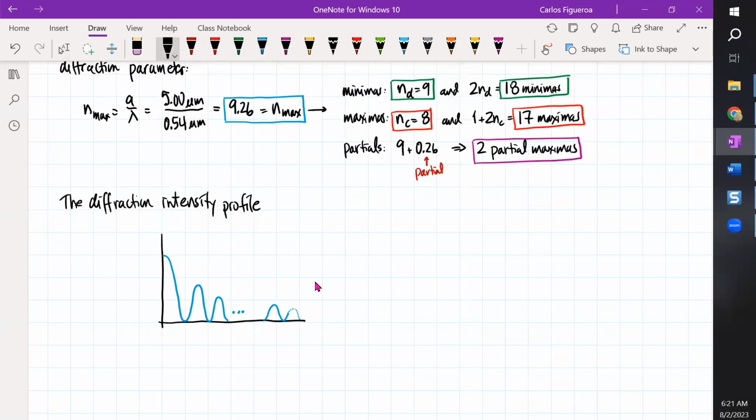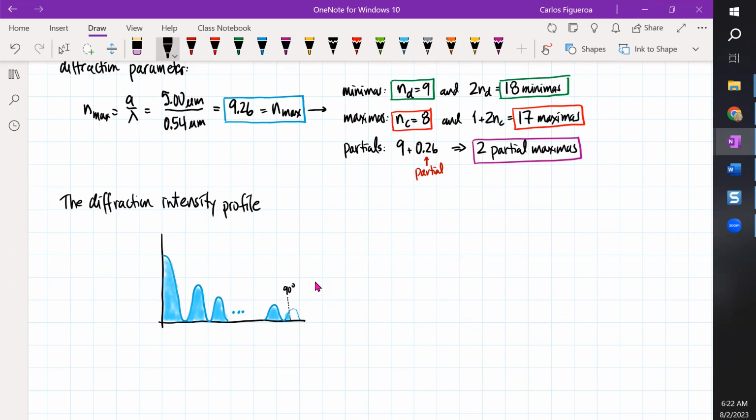So I know that right here, this is 90 degrees. So that's the little partial that's around halfway up here.